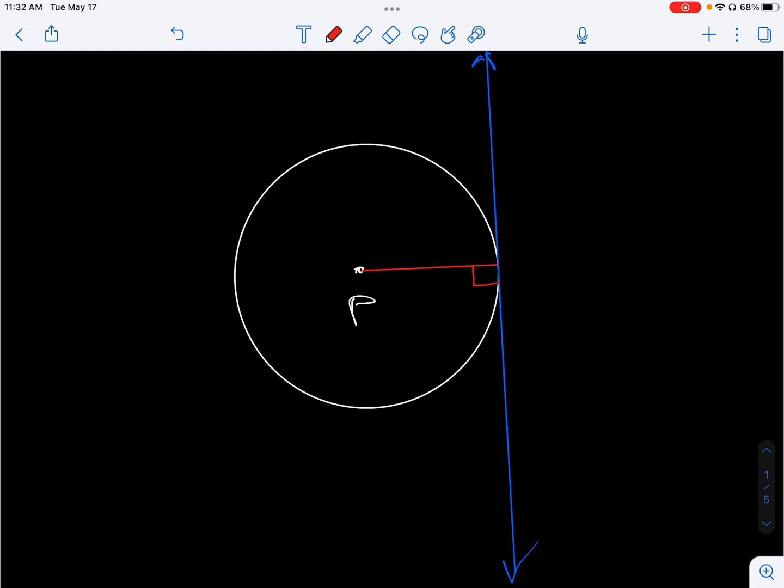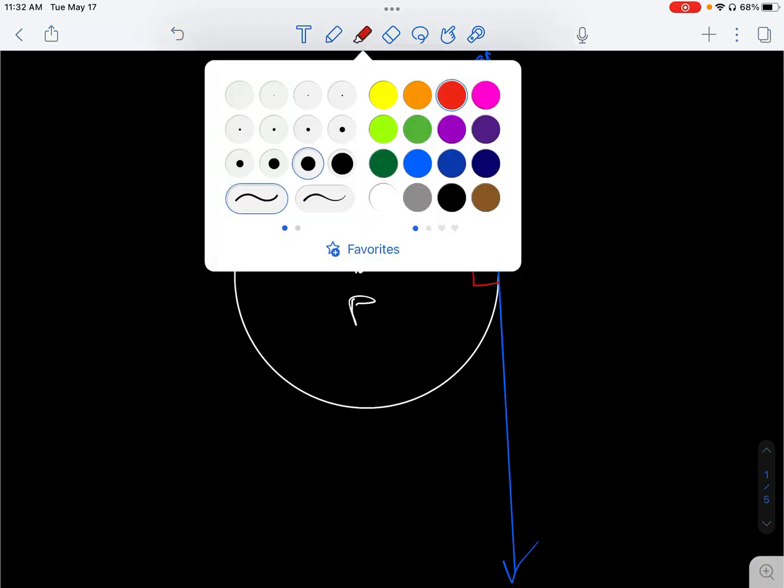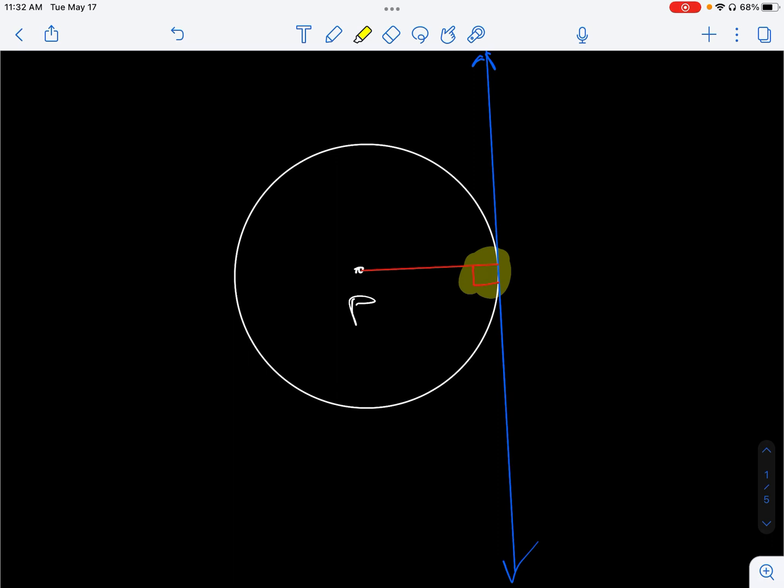So a line is tangent to a circle if and only if the line is perpendicular to the radius of a circle at its endpoint on the circle. So much like I have drawn here.